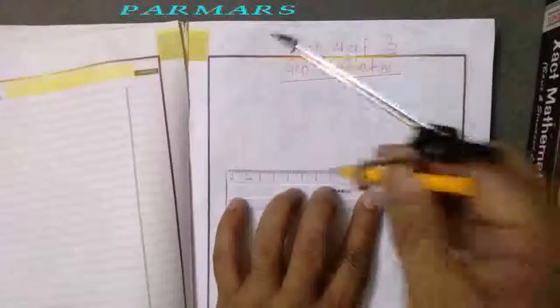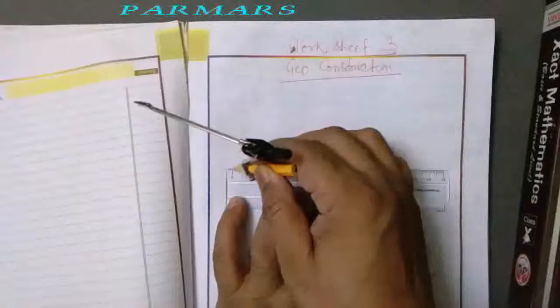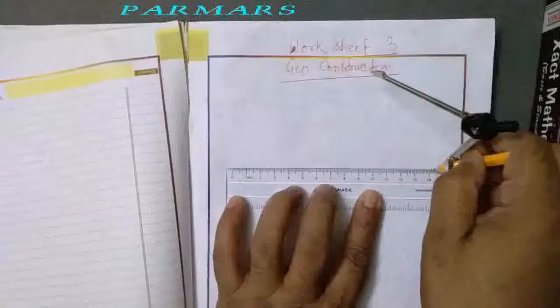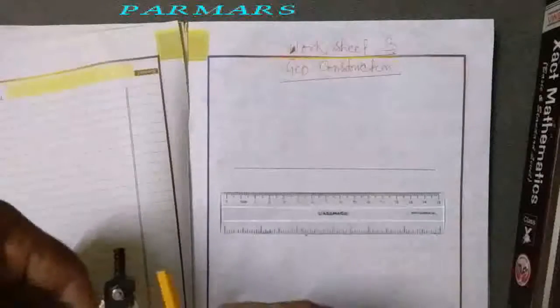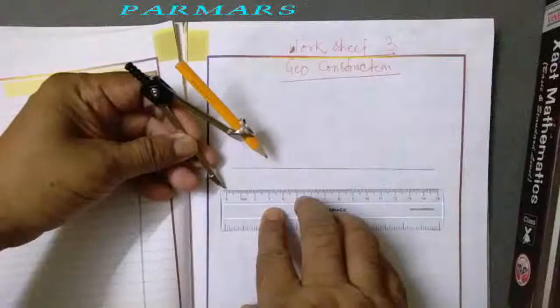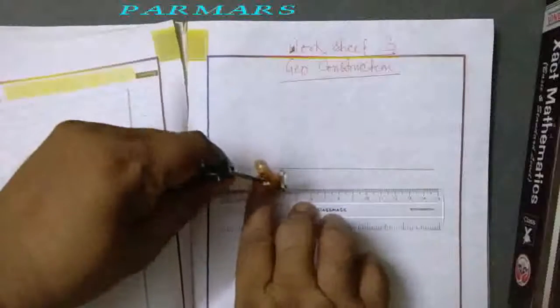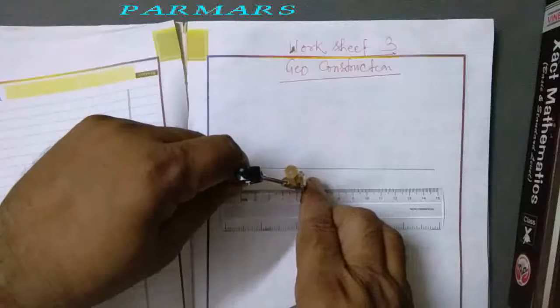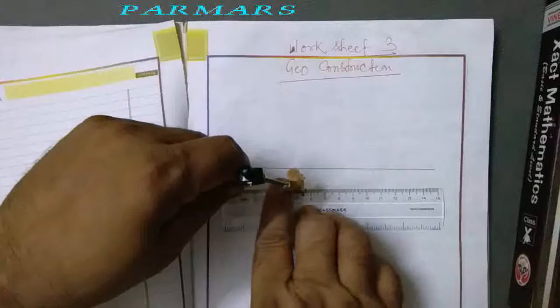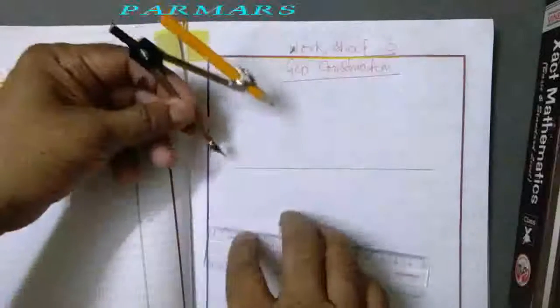Okay, so here is the scale. As I said, first we have to draw a line. So I have drawn a line. You will see this is the line. The length of the line is given to be 5 centimeters. So I measure it: from 0 to this is 5 centimeters.